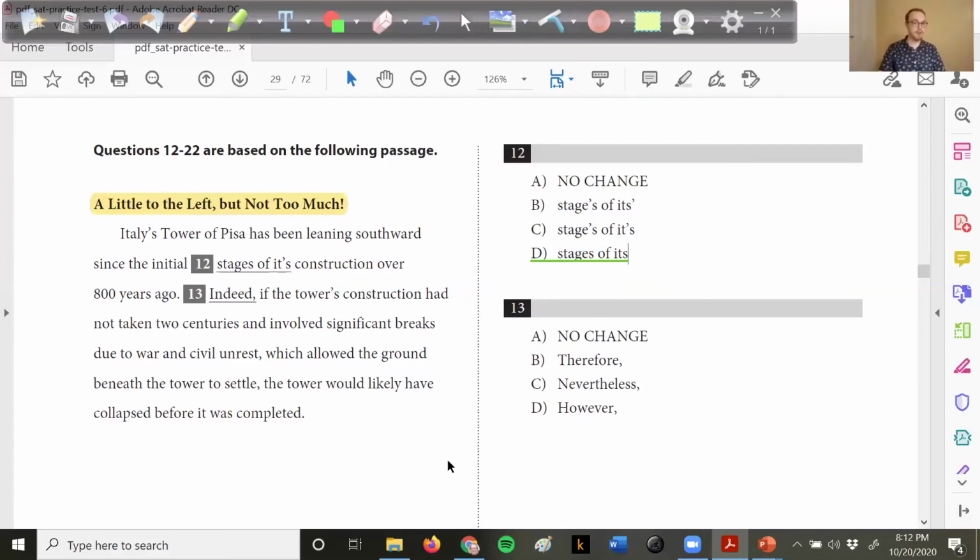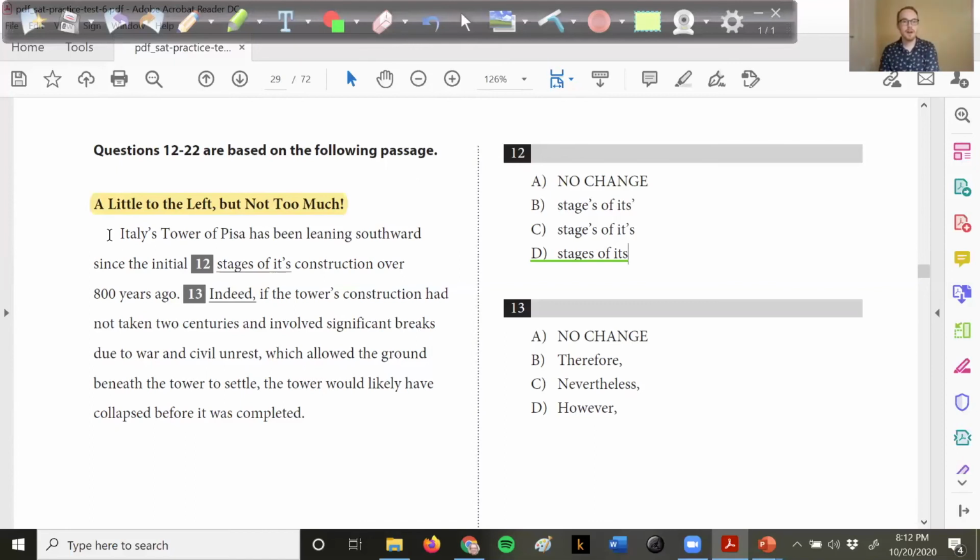Do these look familiar? This is another question about transitional phrases. It's about whether the word being underlined continues an idea, contradicts an idea, or adds on to the idea in some significant way.